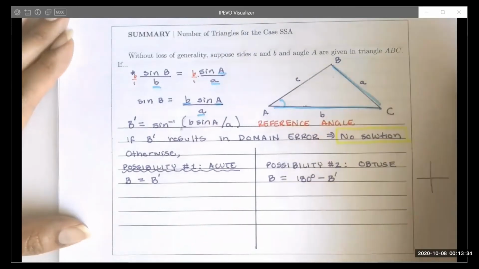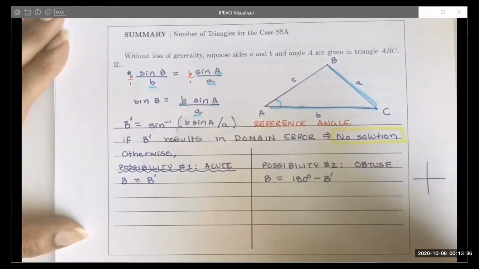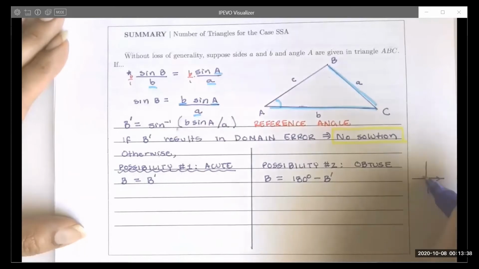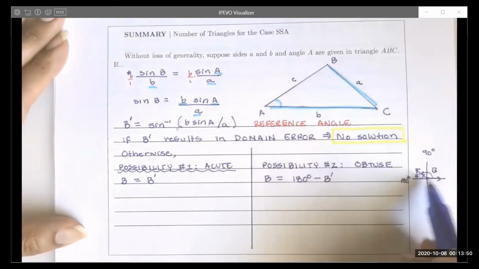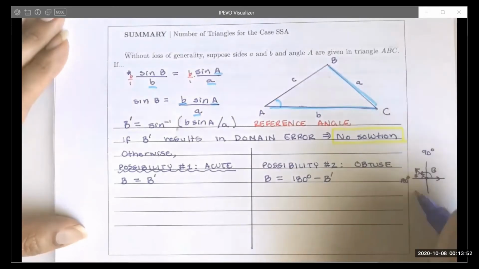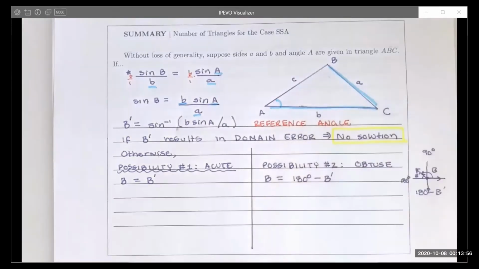On the XY plane, if we have an angle that's obtuse, meaning between 90 and 180, in order to find what this angle B is, we would take the reference angle. So together they add up to 180. That means that 180 minus the reference angle is going to give us B.